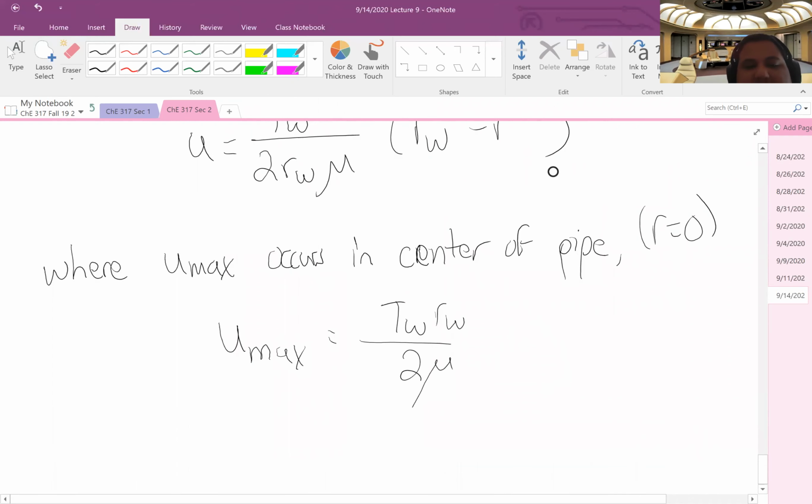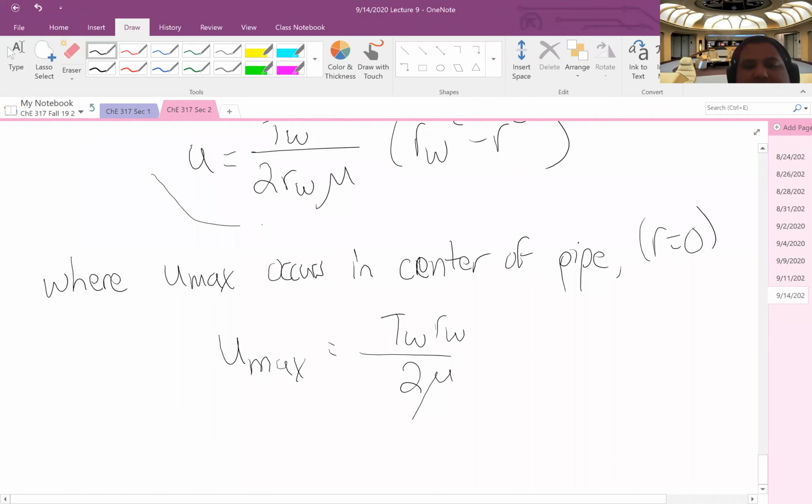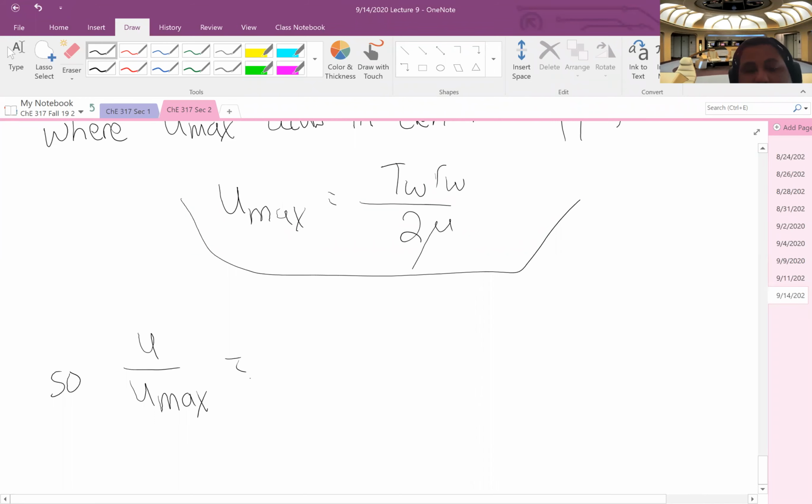Now we're going to look at a comparison between the velocity at any point along the radius as compared to the maximum. So if I take u over u max, what I'm left with is 1 minus r over rw squared, which gives us our parabolic profile.